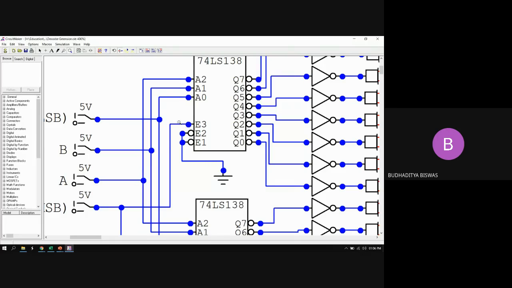Here all the enable inputs are connected somewhere. But suppose I delete this line, then at this moment it looks at the E2 value, because E2 has higher priority compared to E1. First it looks at the E3 value, E3 is not connected anywhere, then it goes to E2. E2 is connected somewhere, so it takes this value. If E2 is also disconnected, then it looks at the E1 value. So in this way it is done.